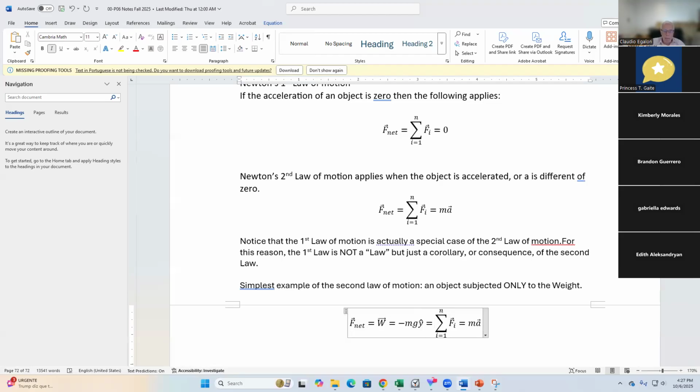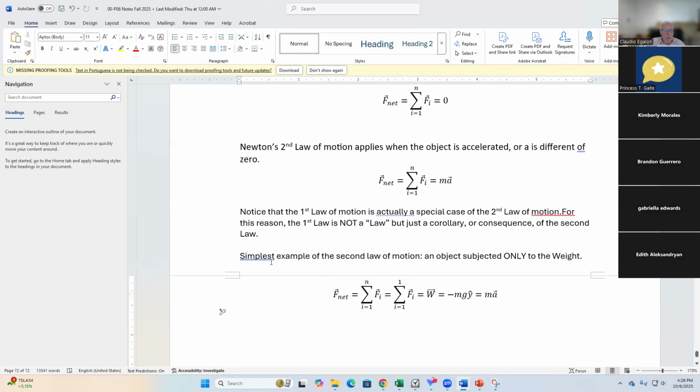There is just one force, N equal to 1. Net force is equal to the weight. Weight is minus mg y hat, and that is equal to mass times acceleration. Simplest example you will ever see applying Newton's second law of motion.